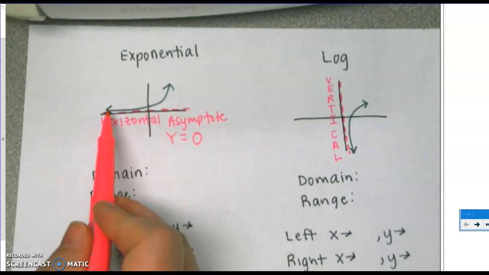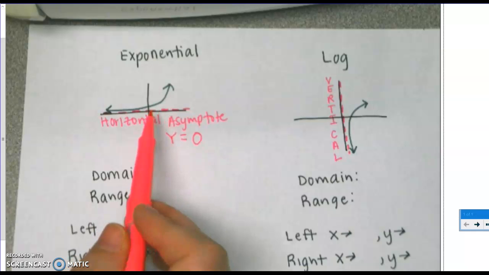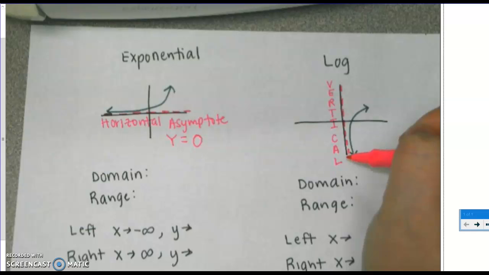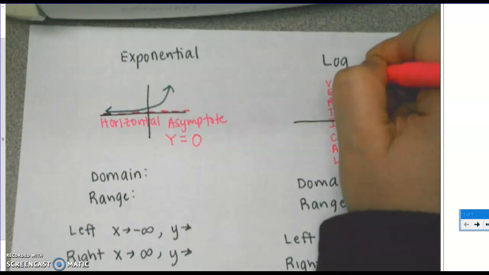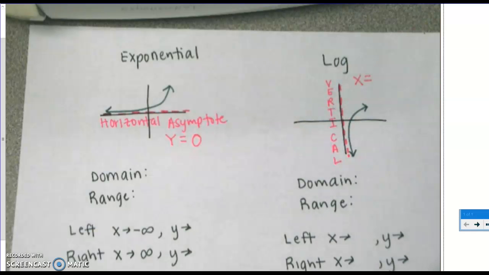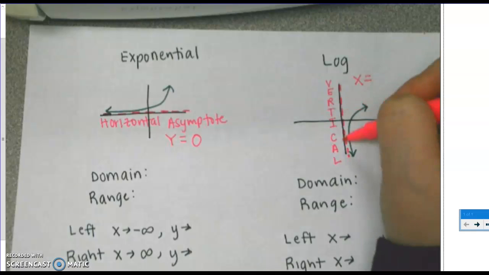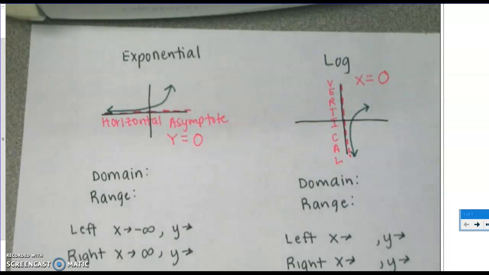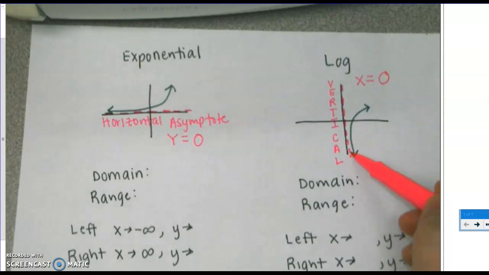It doesn't have to be the left arrow, but this is the parent function, so this is the way that it looks. With vertical asymptotes, those equations are x equals numbers. And again, on the parent function, that is x equals 0, which is the y-axis. Again, I have one arrow that should always be going straight, flat up against that asymptote.